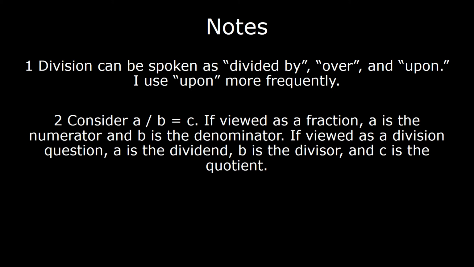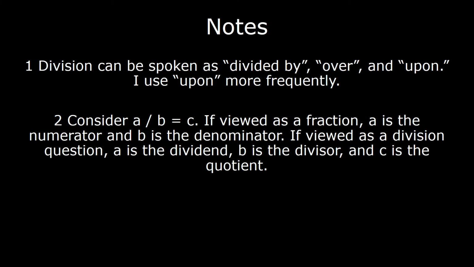Note 2. Secondly, let us build some familiarity with the terms that are involved when we do some division. So let's say you have got A upon B equals to C, where A, B, and C are some constant values.